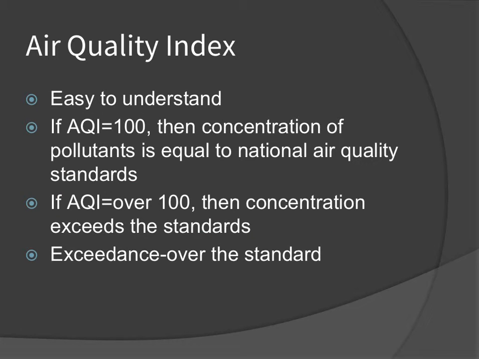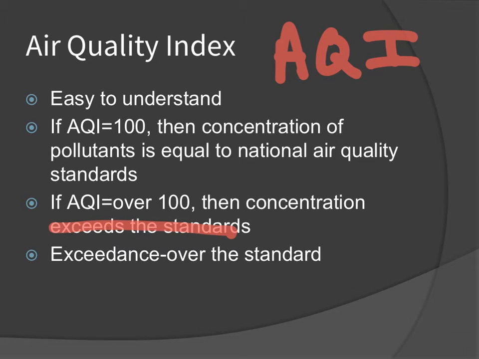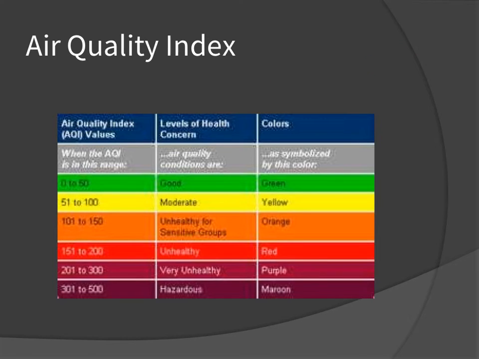An Air Quality Index, or the AQI, is pretty easy to understand. If you have an AQI of 100, then the concentration of pollutants is equal to the national air quality standards. If it's over 100, then the concentration exceeds the standards. So here we just have the scale.